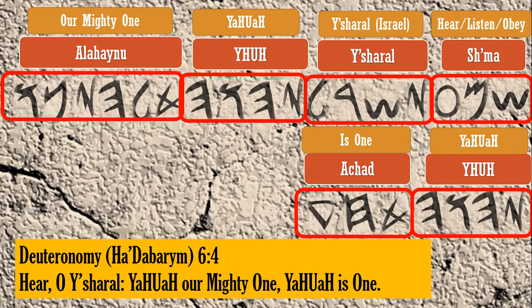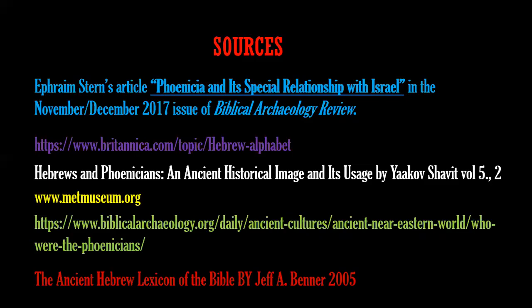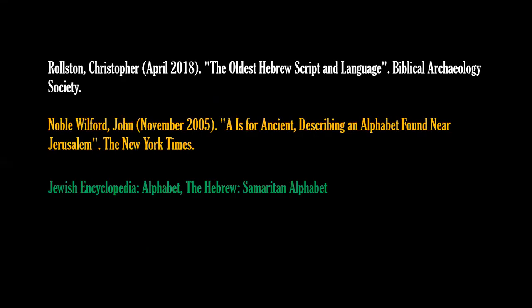All praise to the Most High, YaHUaH. So these are our sources that we've been using ever since lesson 1, and even in the recap of today's lesson, or the lesson of this Yom.